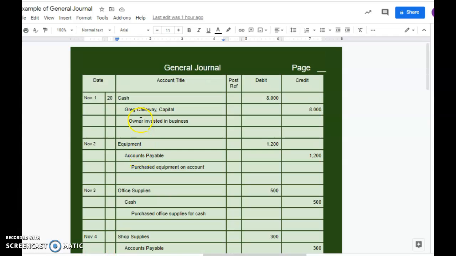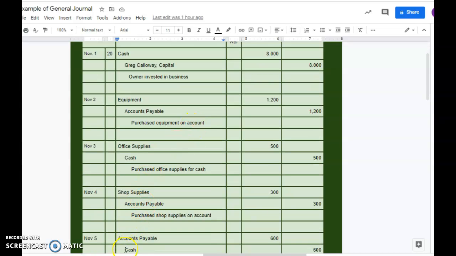So just to review very briefly, when you prepare your General Journal, you're going to list the date of the transaction. You're going to list all the debit and the credit parts. You're going to put the debit first, indent a little bit, and put the credit, and then indent a little more and put the description, because that makes it easier to read. If you look down through here, you see how much easier it is to read.